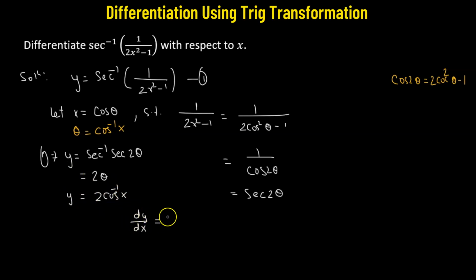So, we have dy over dx equals 2 times the derivative with respect to x of the inverse cosine function, which will be negative 2 divided by the square root of 1 minus x squared. Therefore, the derivative of secant inverse of 1 over (2x squared minus 1) with respect to x will be equal to negative 2 divided by the square root of 1 minus x squared.